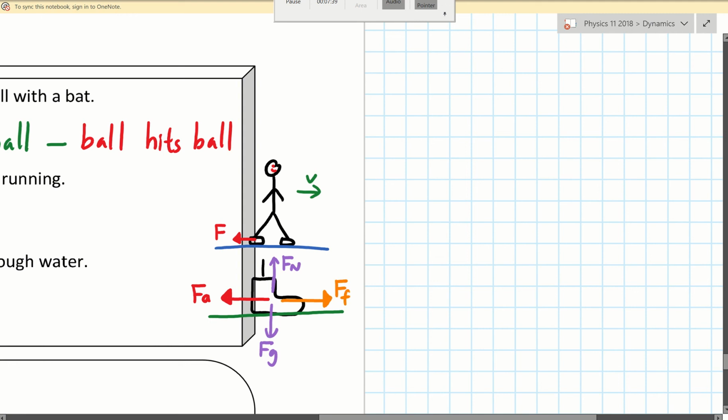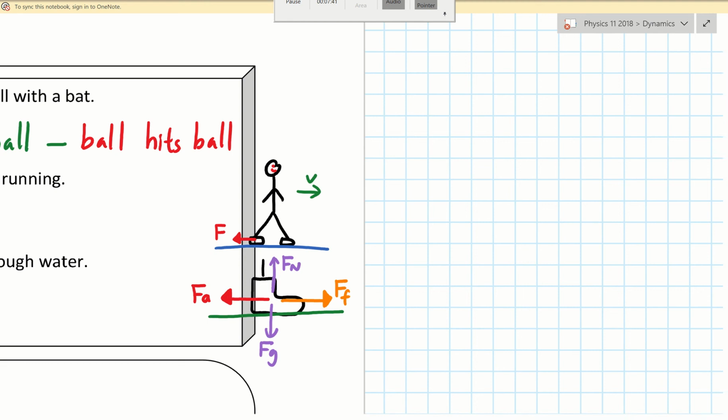So that's the reason why you're not slipping. If the ground that you're walking on is rough, you have a better grip and you are able to walk forward without much effort.